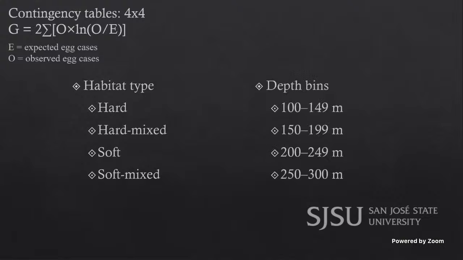Habitat depth groups were analyzed independently as well, and this was done using 4x4 contingency tables with the same 4 habitat types, in addition to the depth bins, each within 50-meter intervals from 100 to 149 meters, 150 to 199 meters, 200 to 249 meters, and 250 to 300 meters.